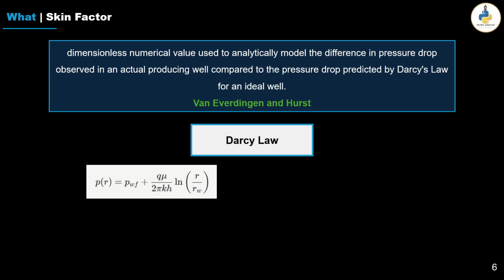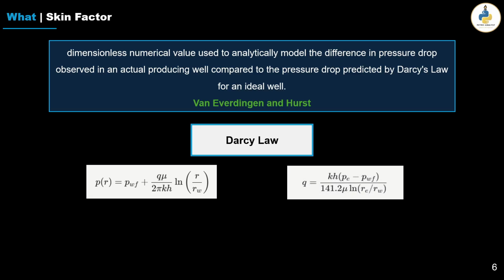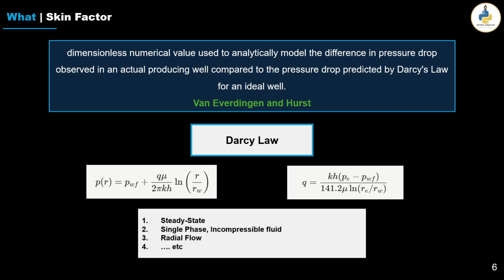We all know Darcy law, we all know this equation: Q equals K times H times (PE minus PWF) over 141.2 mu ln(RE over RW). The 141.2 is because we are dealing with field units.